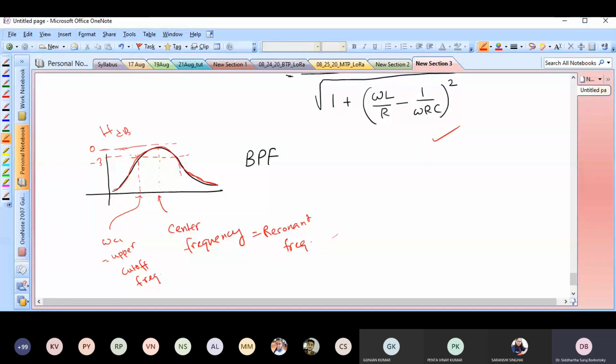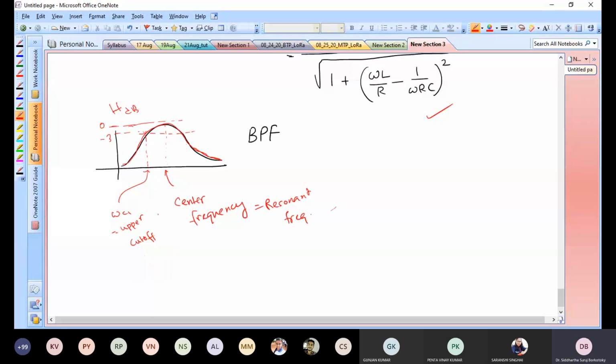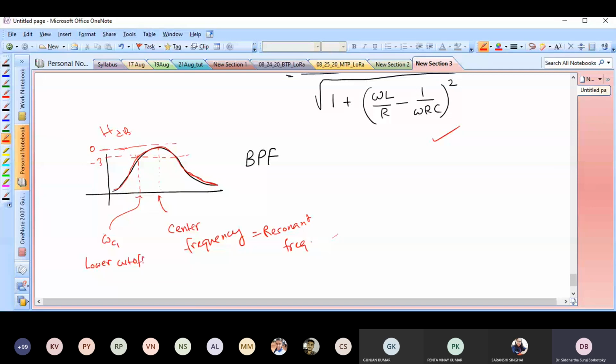Sorry, this is not upper, this is actually lower. This is omega C1, this is correct, but this is called the lower cutoff frequency.